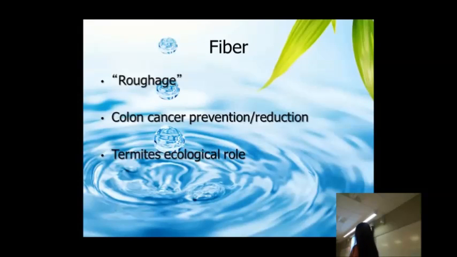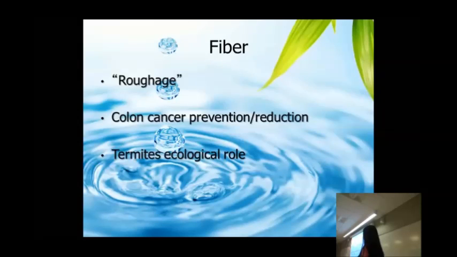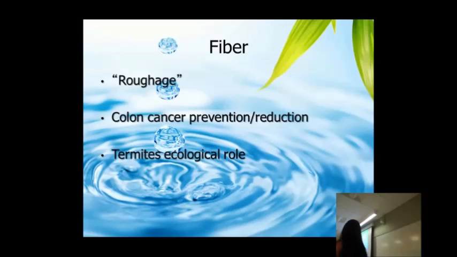It can help to reduce colon cancer. In termites, it played an ecological role in that they would digest it, and then the bacteria inside of their digestive system are going to use it in order to extract the materials from it. So fiber, very, very good for you for many reasons. So eat lots of vegetables. It's good for you.